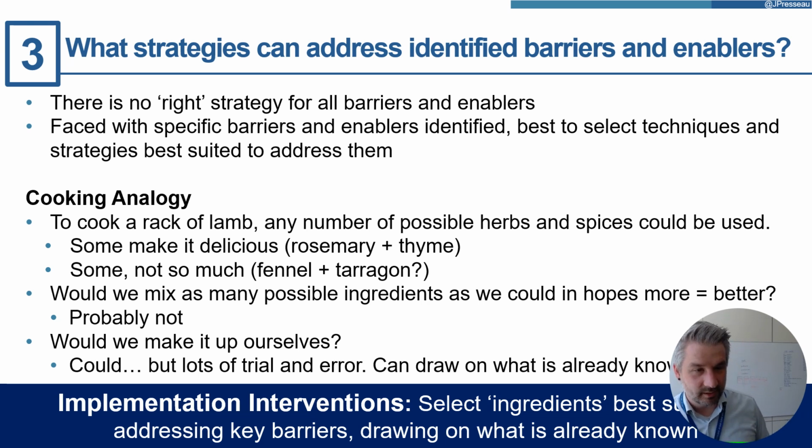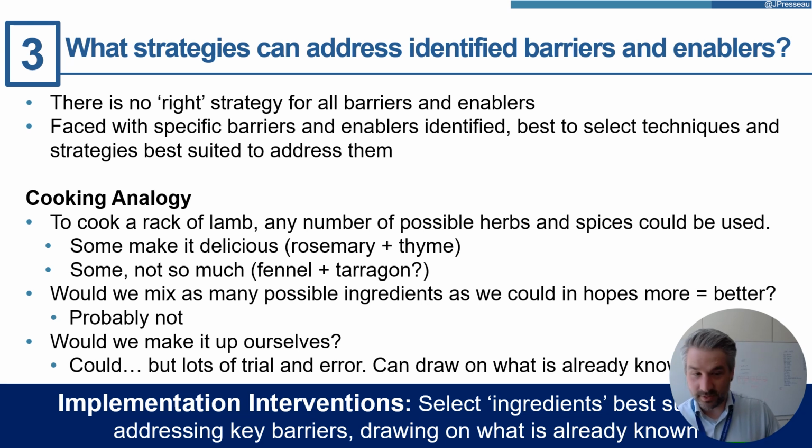And so the analogy here, and apologies if you're joining this webinar as a vegetarian or a vegan, but I hope you'll allow this analogy: if you were cooking a rack of lamb, any number of possible herbs and spices could be used, some delicious, some not so much. Would you just open up your cupboard and mix as many possible ingredients as you can and hope that it tastes delicious? Probably not. Sometimes we do that with our interventions, but we shouldn't, in my opinion.